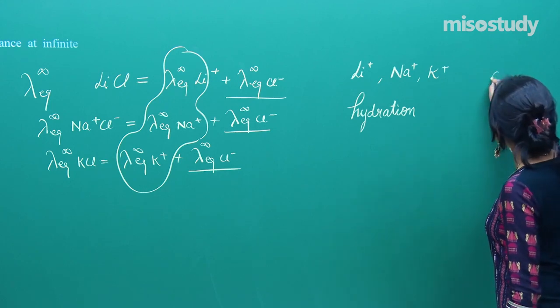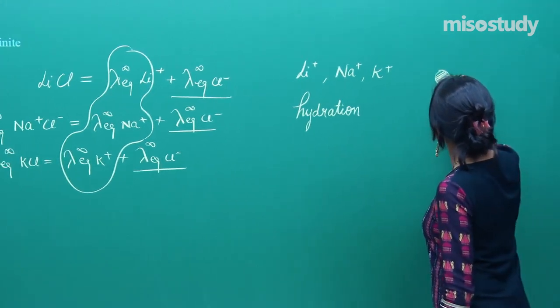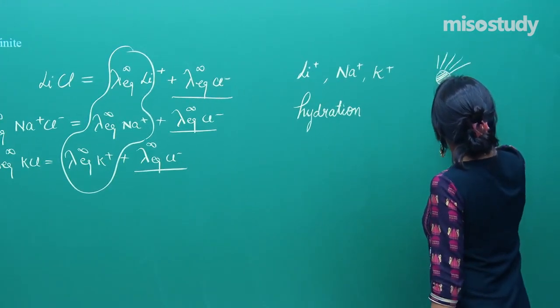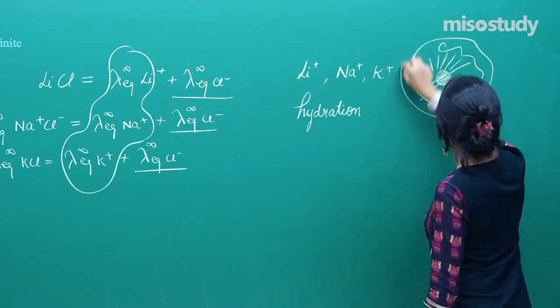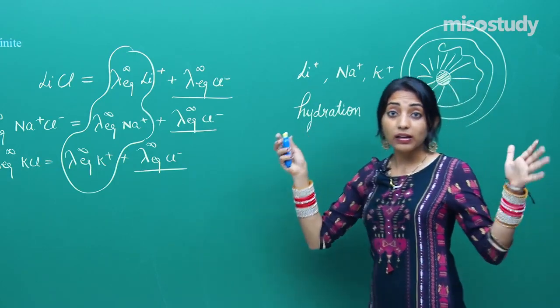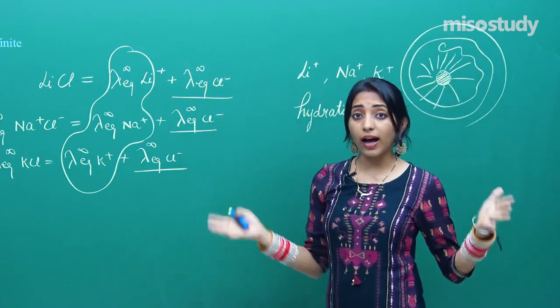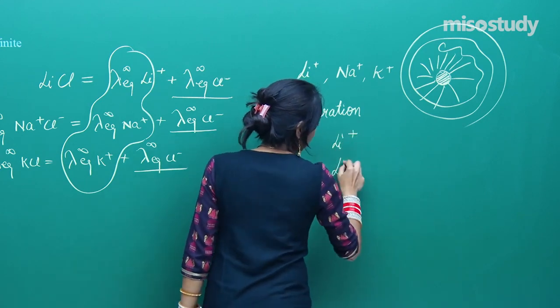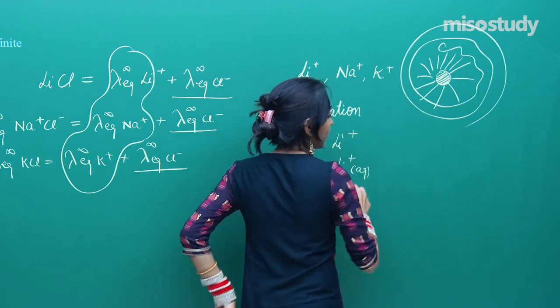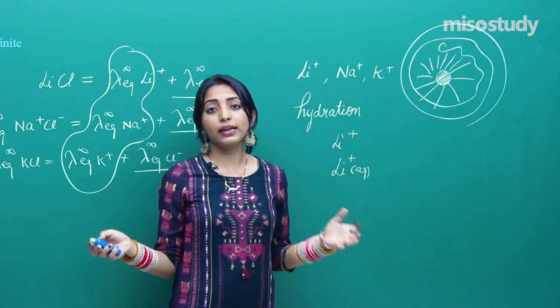Since lithium is the smallest in size, it will capture lots of water molecules. So many water molecules will come and they'll make lithium a very big ion. So Li plus must be the smallest ion, but Li plus aqueous will be the biggest ion compared to Na plus aqueous and K plus aqueous, right?